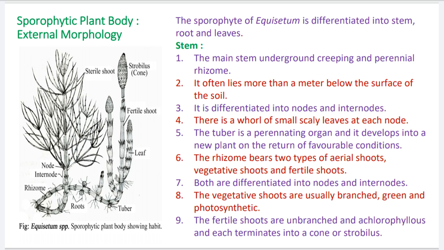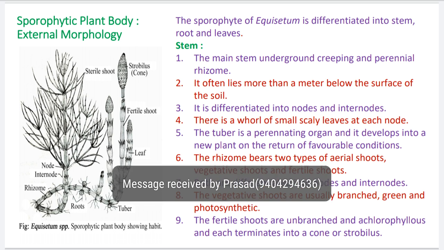These tubers are rounded structures produced by the underground rhizome, and they are the vegetative reproductive organs. Then the underground rhizome, fertile branches and sterile branches are all covered by very small, scaly leaves. In this way, this is the habit or external morphology of the Equisetum, and this plant body is the sporophytic plant body.